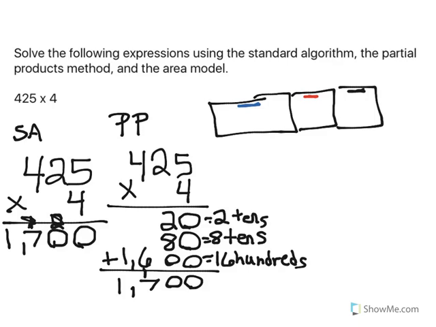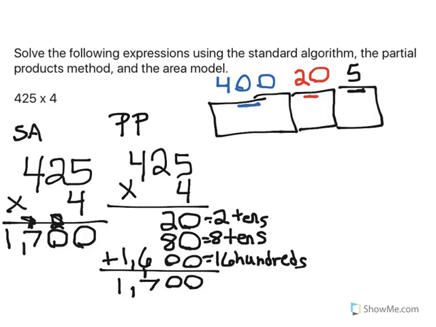So what we're multiplying is 400 plus 20 plus 5. I'm going to make it in black just so you can understand a little bit easier.